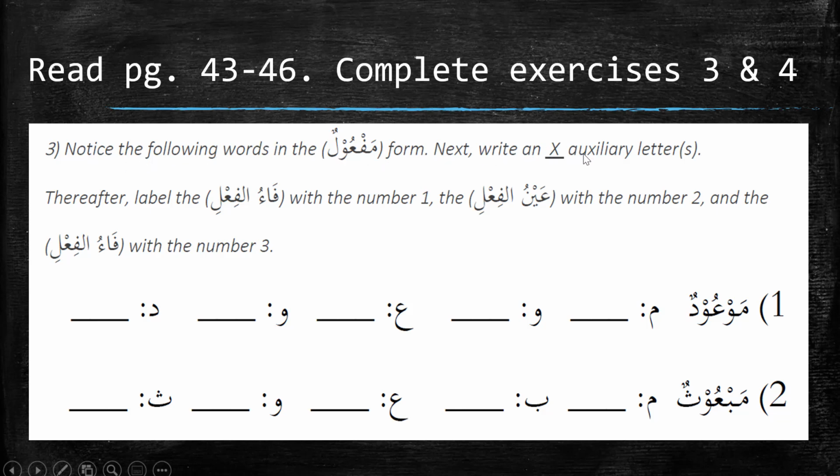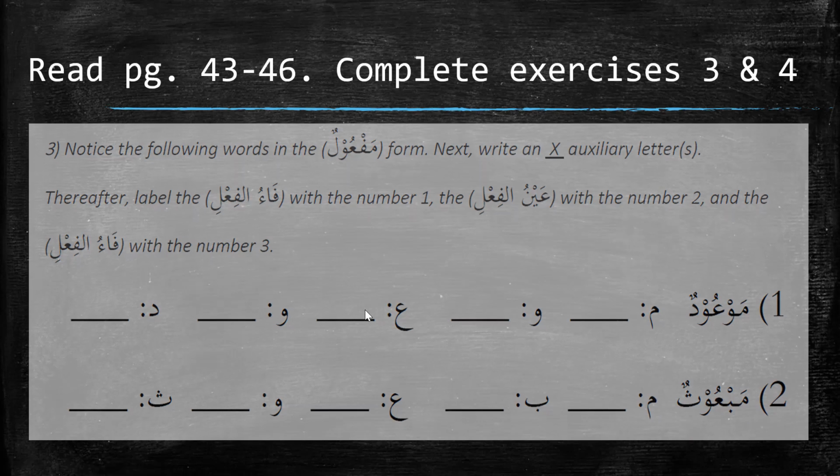Next, write an X for the auxiliary letters. Thereafter, label the fa' al-fi'l with the number 1, the 'ayn al-fi'l with the number 2, and the lam al-fi'l with the number 3. Okay, so the extra letters, as we've mentioned, are the meem or the ma and the waw or the wa. Okay, and then you can put the numbers next to the fa' al-fi'l, the 'ayn al-fi'l, and the lam al-fi'l, respectively.